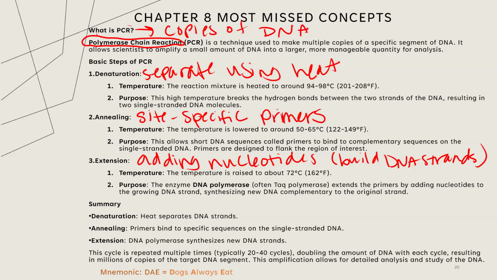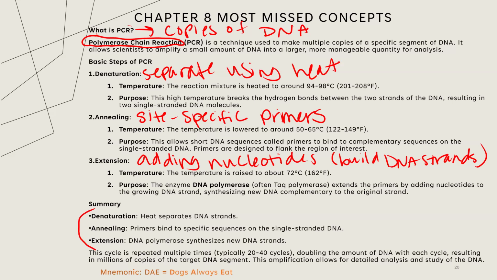So if your primers are binding somewhere specific and you're getting amplification, you're seeing increased DNA in your sample, well, the only way it's going to increase the DNA in the sample is if the primers are binding to the right thing, right? So keep that in mind. All right, so there's our summary of the little steps: denaturation, the heat separating; annealing, adding the primers; and extension, adding on the nucleotides.